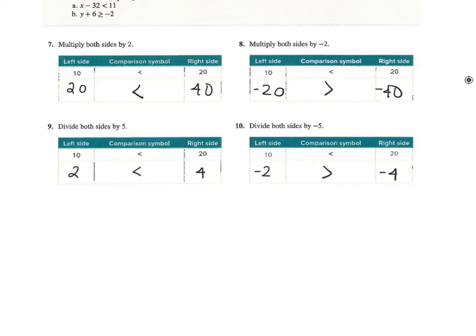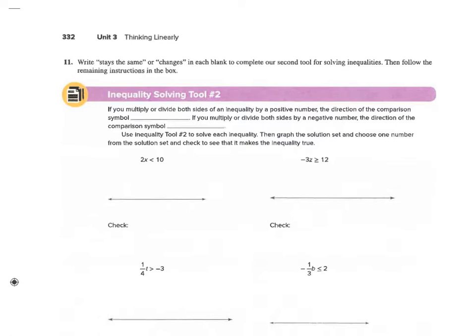All right, so that will help us develop our rules, which I think some of you have heard before. So let's flip to the next page. Number 11 says, write stays the same or changes in each blank to complete our second tool for solving inequalities. Then follow the remaining instructions in the box.